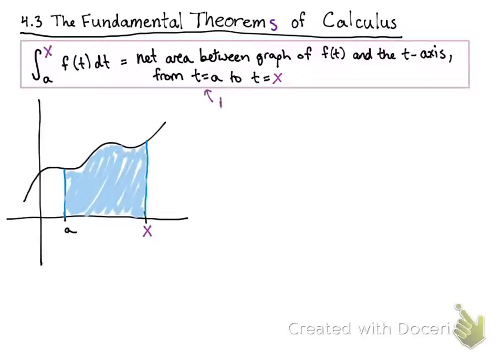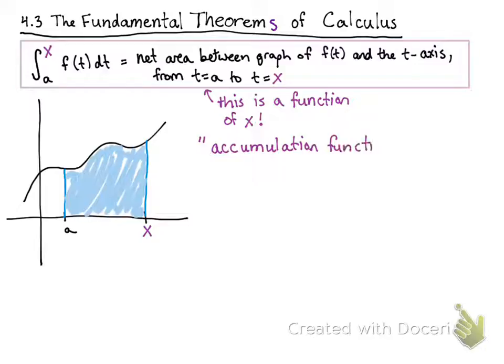That means that integral is a function of x, right? You can think of inputting a value for x, you find that area, and that's the output. This function is known as an accumulation function.